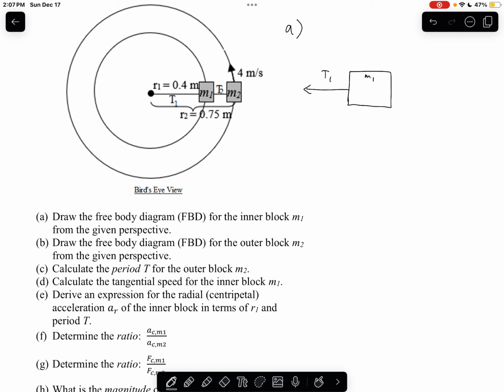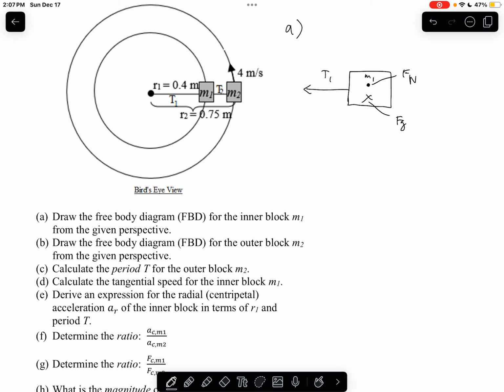And then there's also FG, but you told us to just make it like that. FN is going toward us from bird's eye view, and FG is going down, so you can't really see it. FN is going toward us, so it's just going to look like a dot.